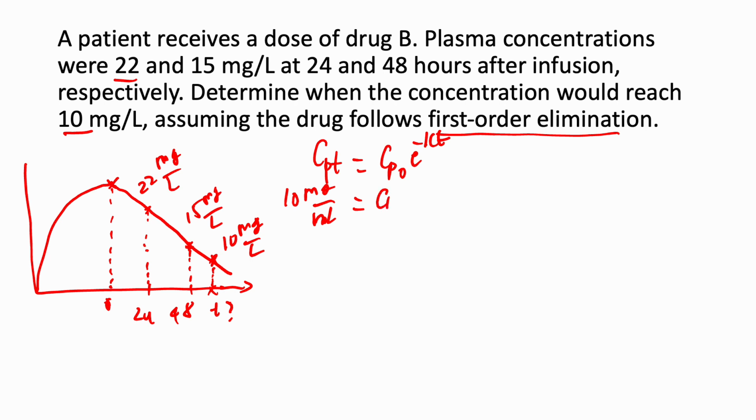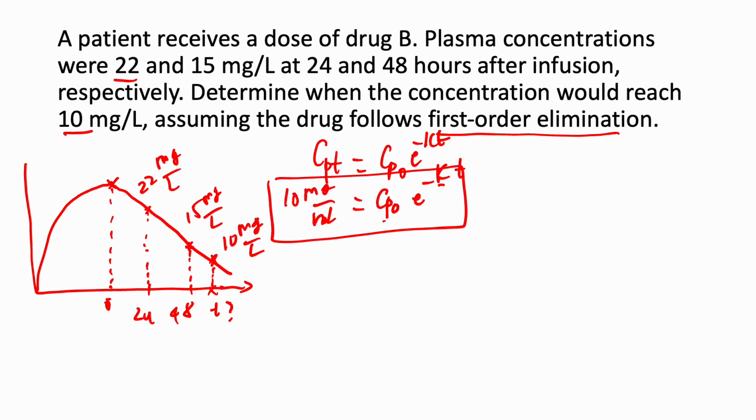You don't have C_0, you don't have the value of K, and you need to look for t. So there are three parameters you need to find from the data you are given. First, we calculate K. Then we calculate C_0, and once we know K and C_0, we plug them into this equation. Then we can find out t.